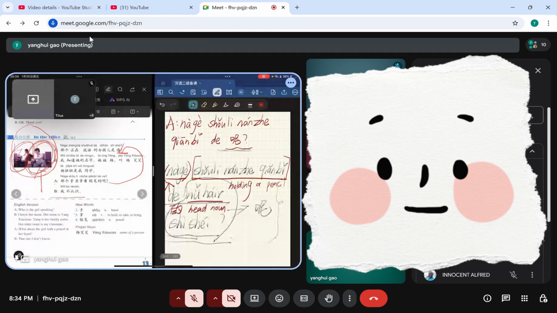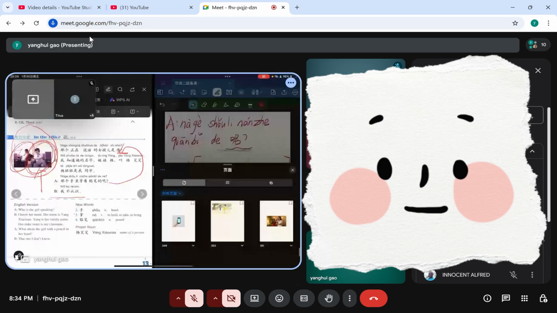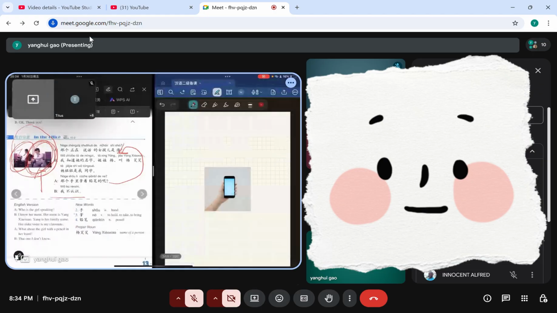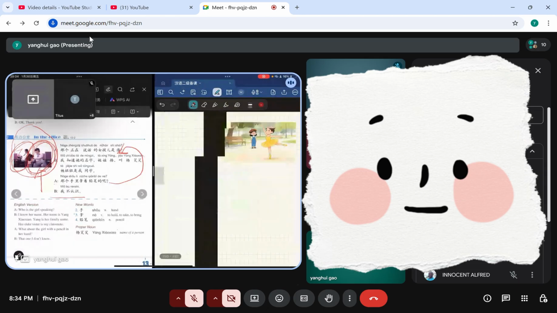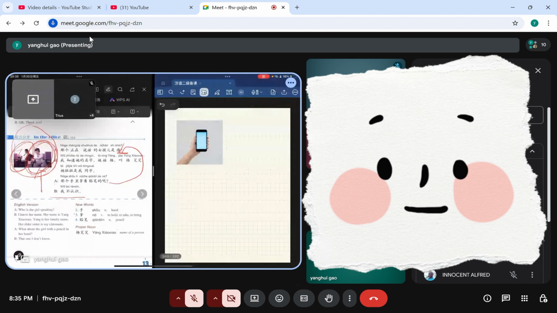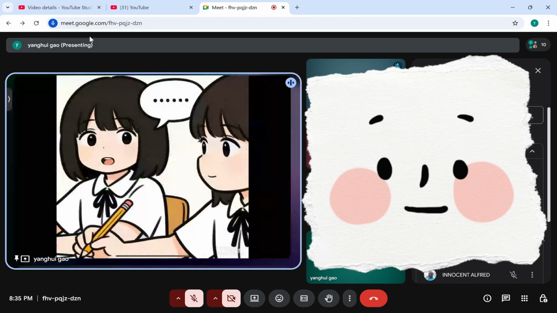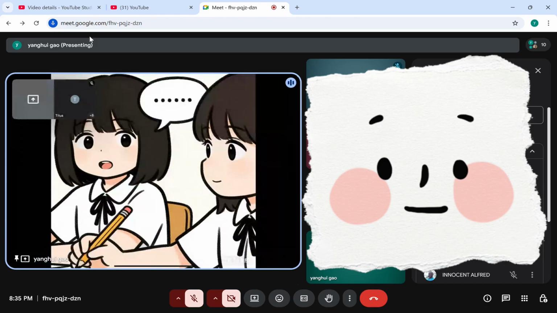Okay, so now look at this. 哎，不看这个吧，还是这个吧。So we have learned, this girl holding a pencil in her hand.